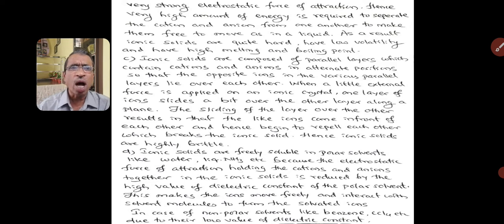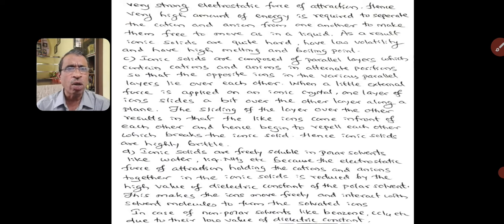Ionic solids are freely soluble in polar solvents like water, liquid ammonia, etc., because the electrostatic force of attraction holding the cations and anions together in the ionic solids is reduced by the high value of dielectric constant of the polar solvent.